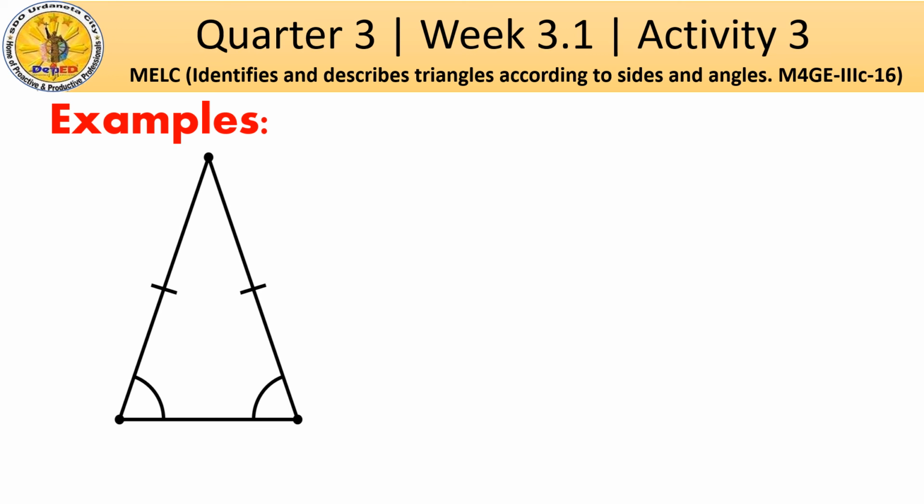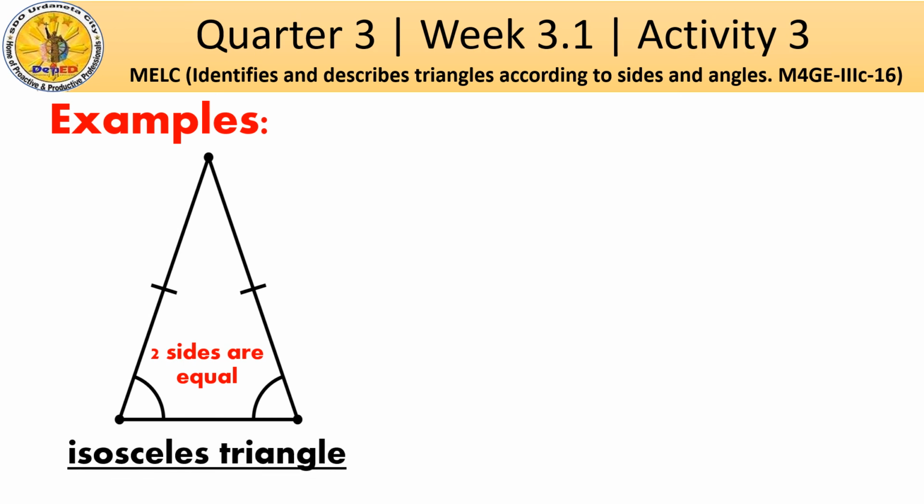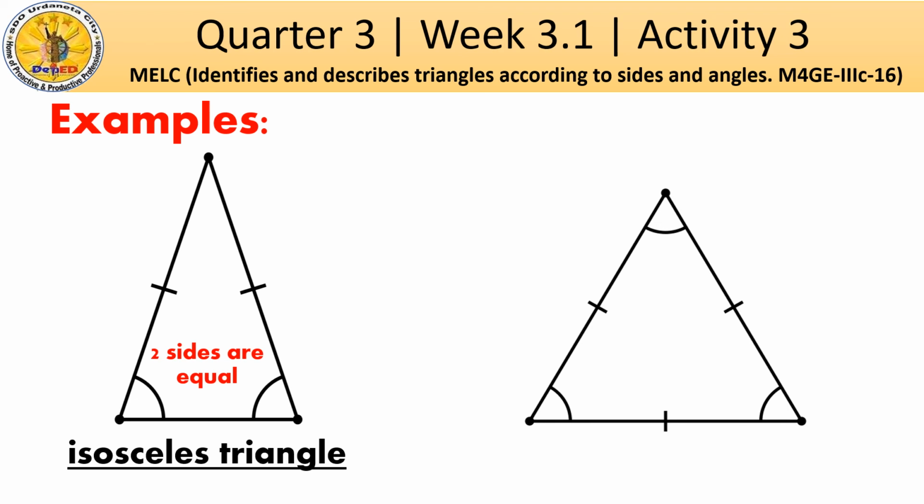Look at the given example. As you have noticed, two sides are equal. Then, we call this triangle as isosceles triangle. Next example. As you have noticed, this triangle have three sides that are equal.